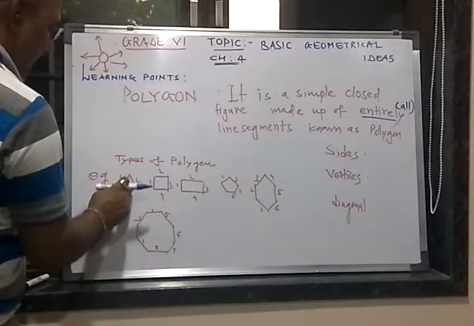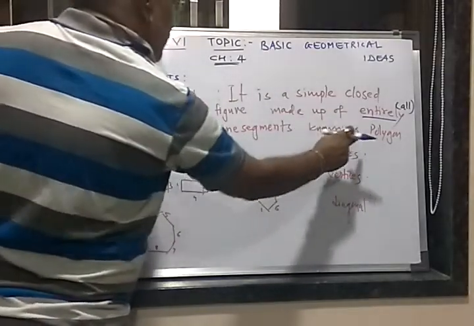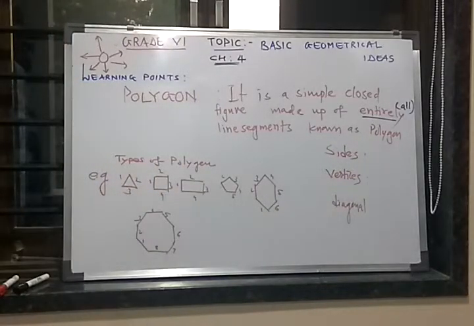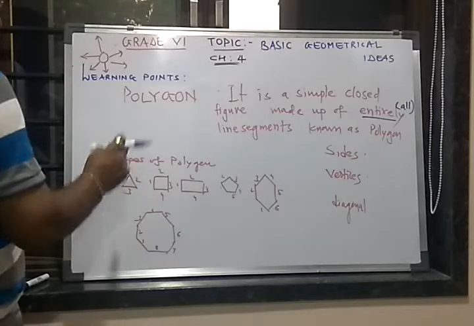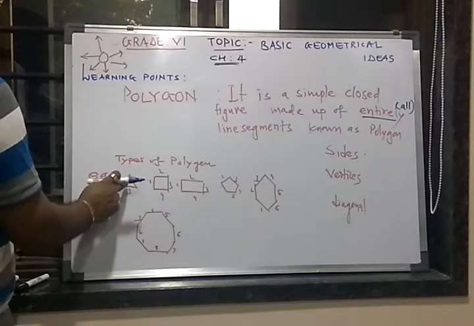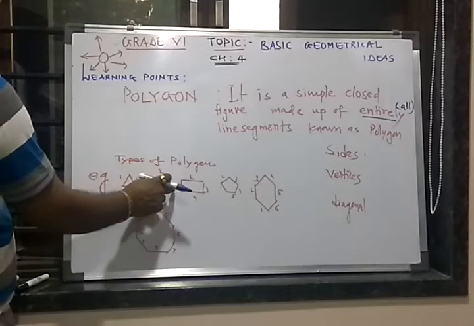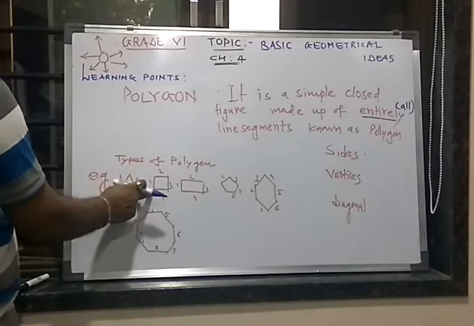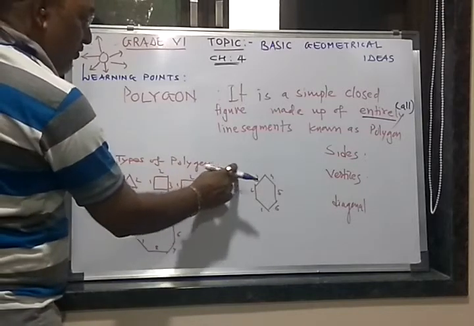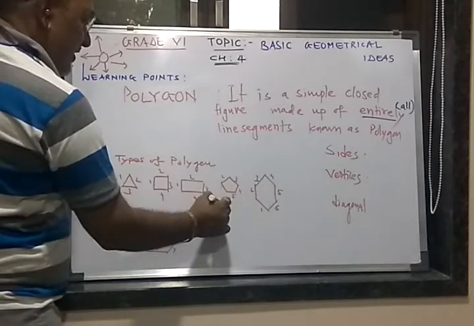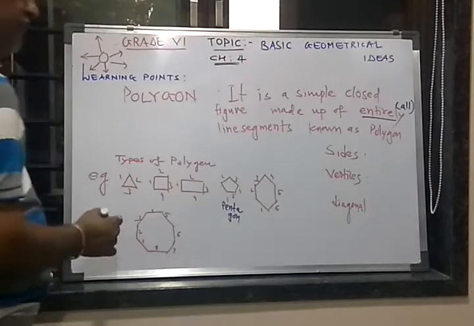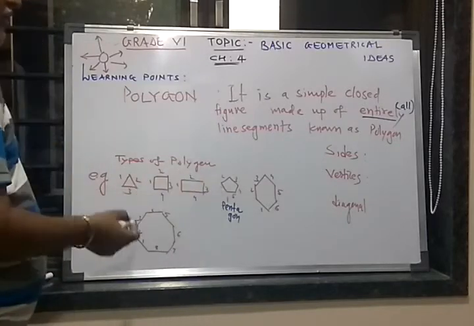You see, these are the line segments, known as polygon. Here different types of polygons are there. 1, 2, 3: polygons start from a minimum of 3 line segments. It is known as a triangle. 1, 2, 3, 4 line segments: square, rectangle. 1, 2, 3, 4, 5: it is known as a pentagon.